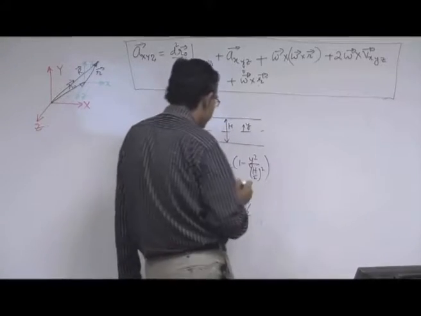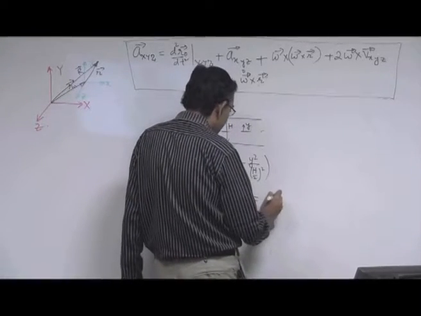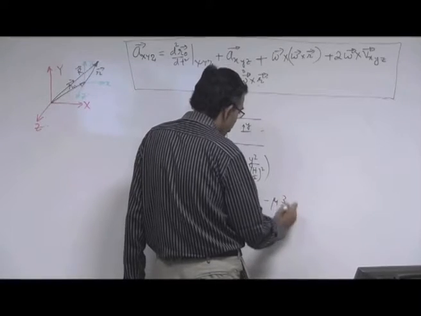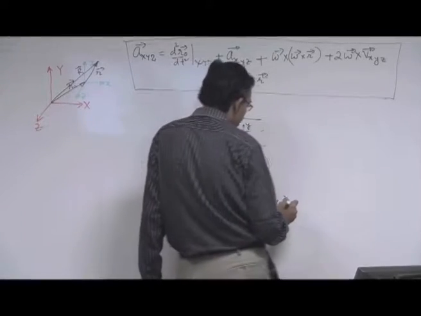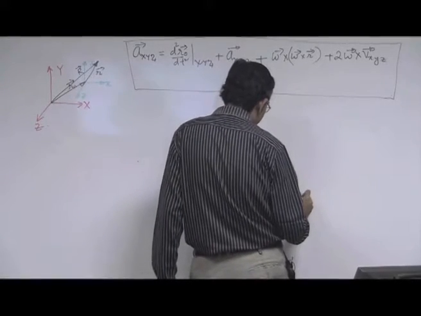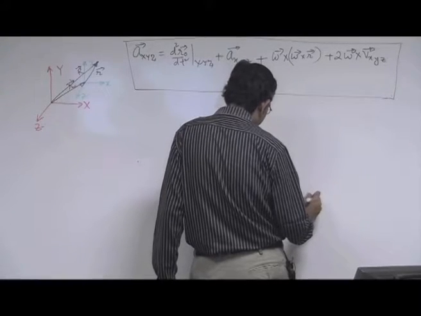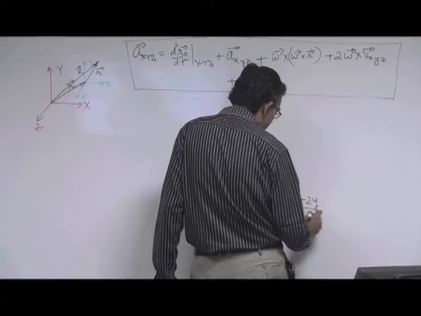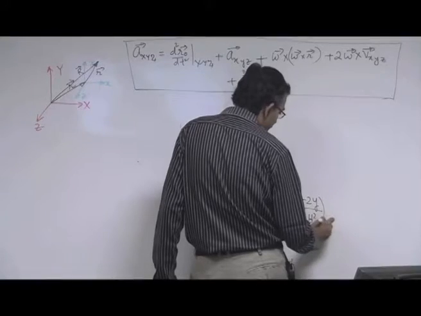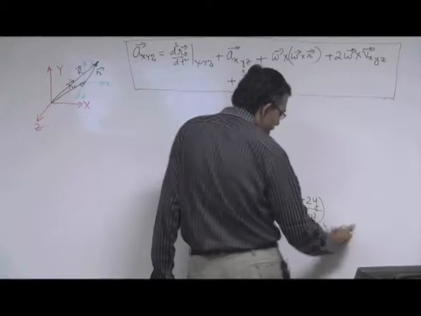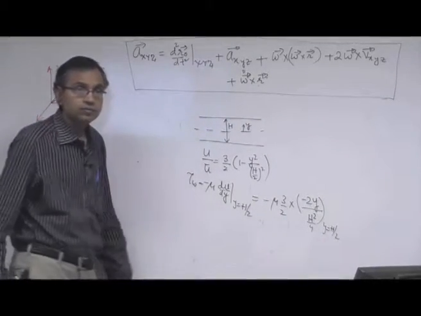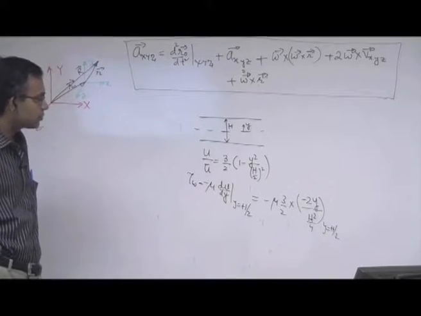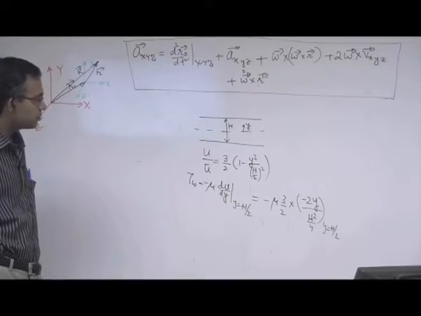So, this is minus mu 3 by 2 into minus 2y by h square by 4 at y is equal to h by 2. Right.